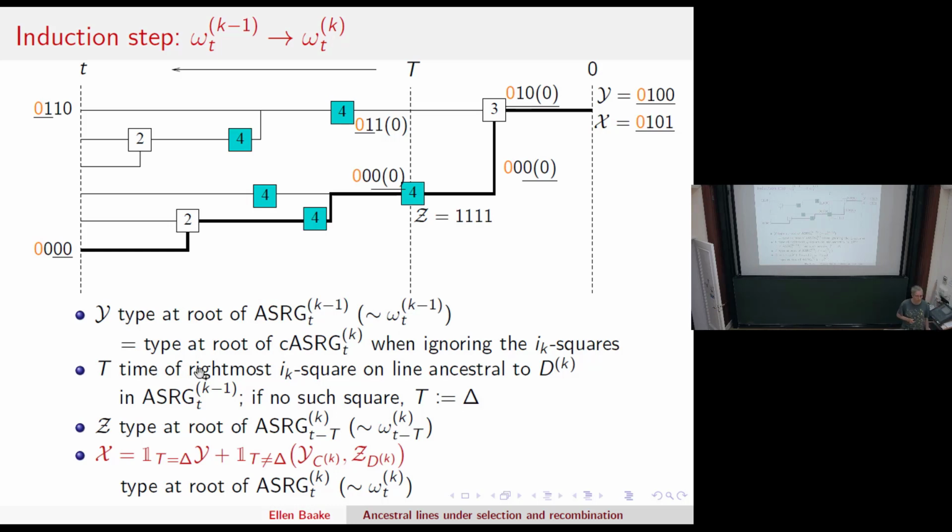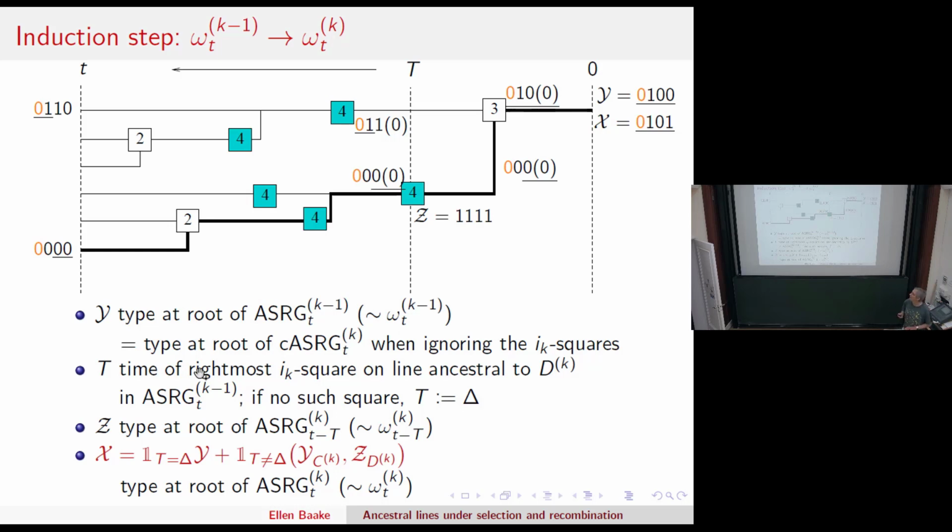So, that sounds good, but it doesn't help because this curly z comes from an ASRG k that has law omega k evaluated for the remaining time, but the law omega k is the one we wanted to find, so that sounds cyclical and we are not done yet.